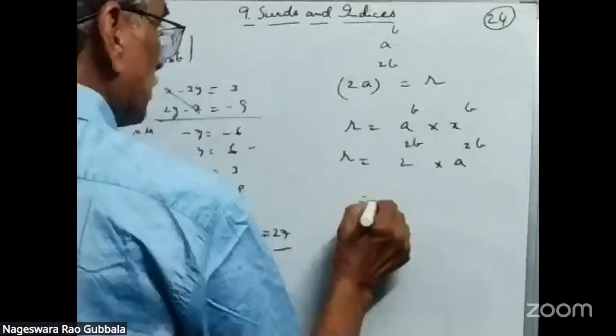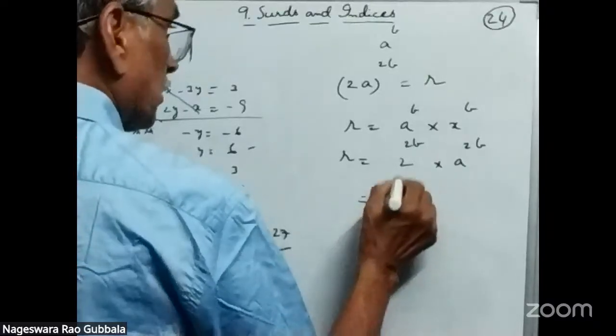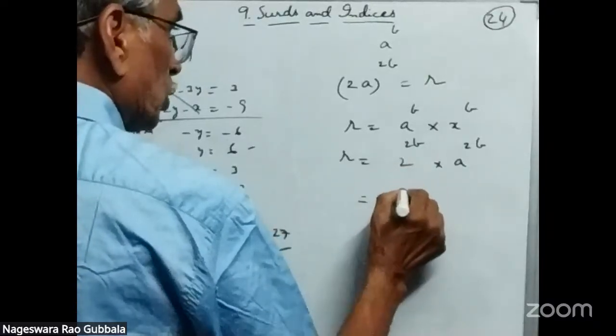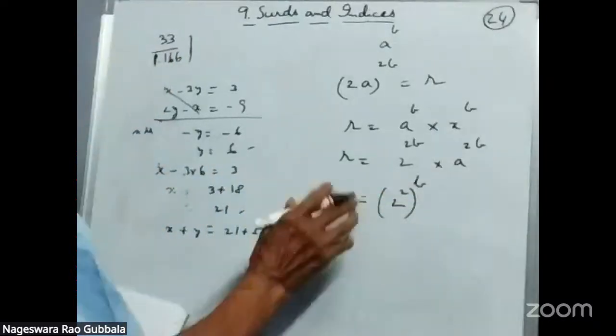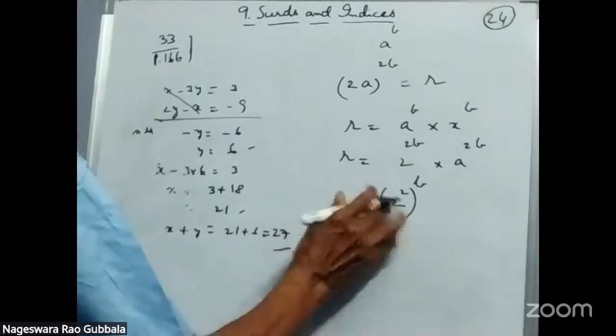What is the advantage here? 2 to the power of 2 whole to the power of b: you need not write this, of course, you can directly write 4 here.